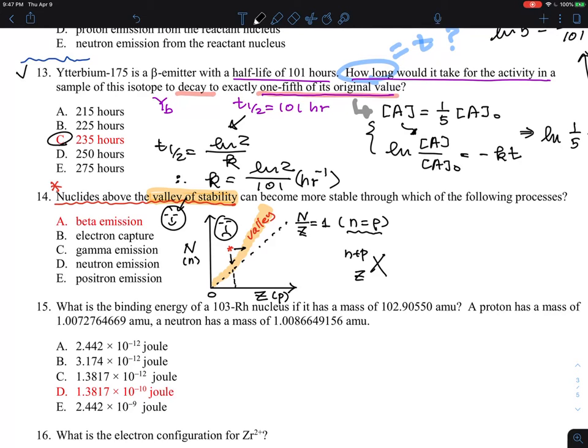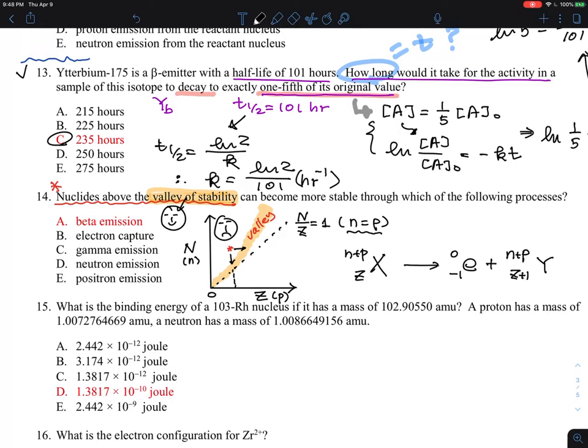If it wants to increase the number of protons, it has to do this, and the Z number goes plus 1, and N plus P stays, and that's a Y, right?